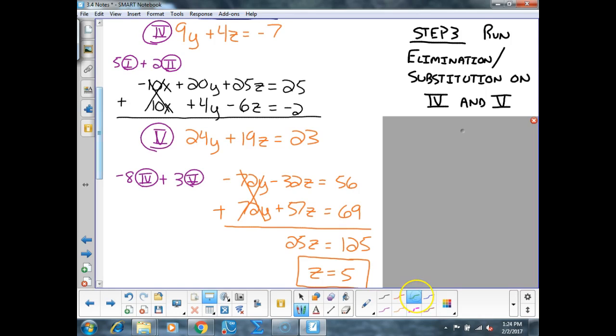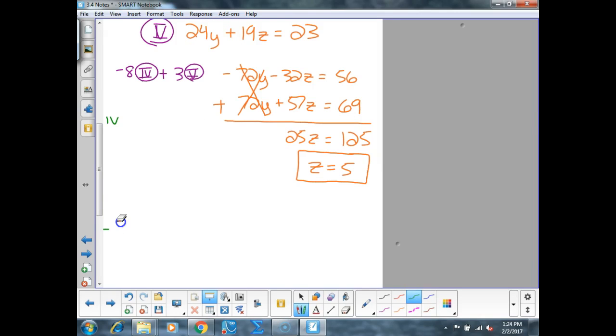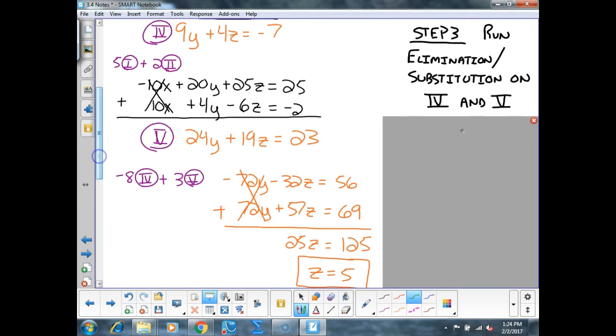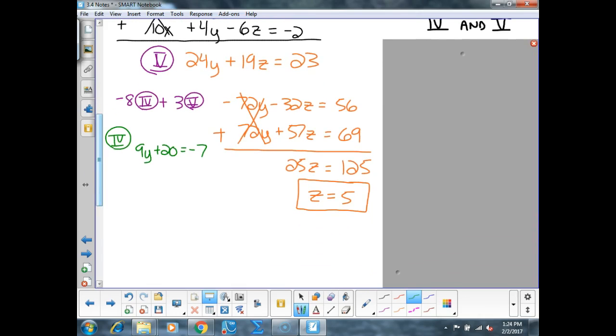So if we're putting z equals 5 into equation number 4, that's going to give me 9y plus 20 equals negative 7, so 9y equals negative 27, which gives me y equals negative 3.